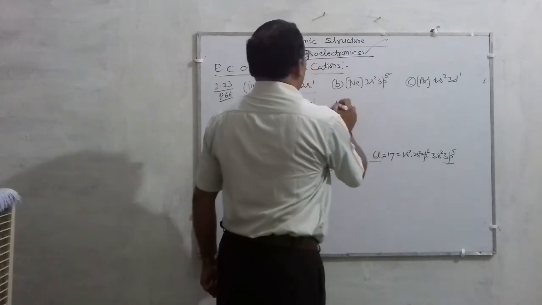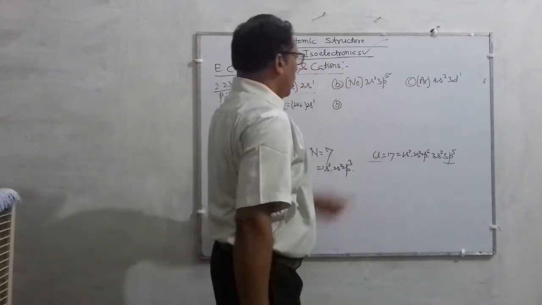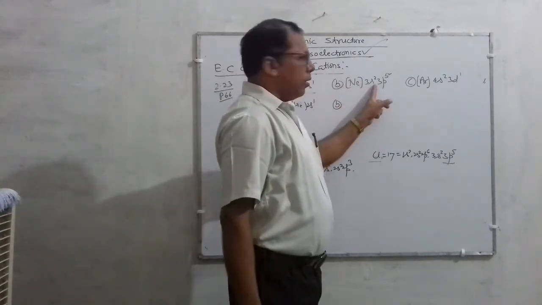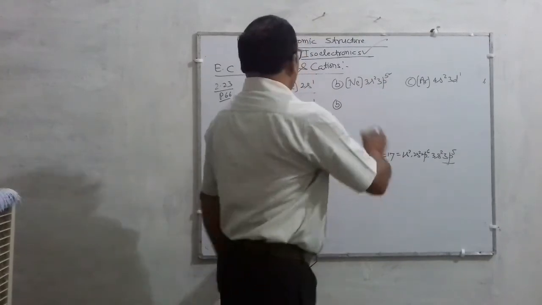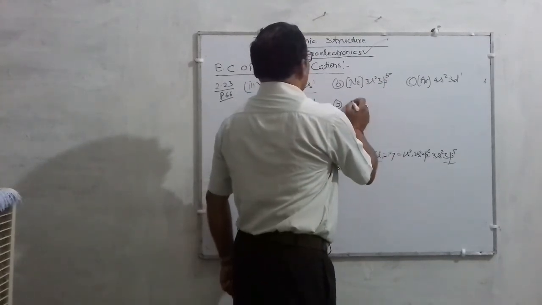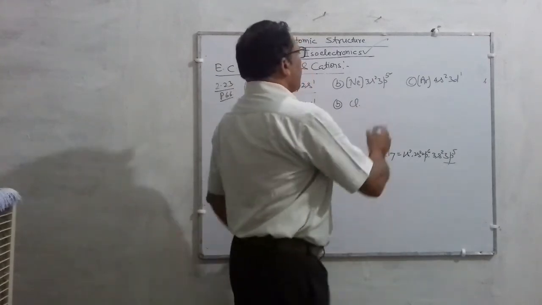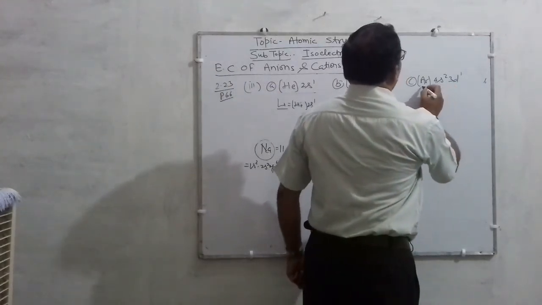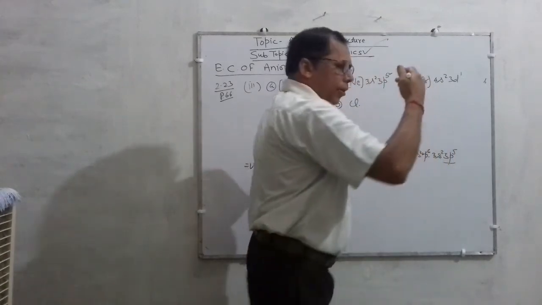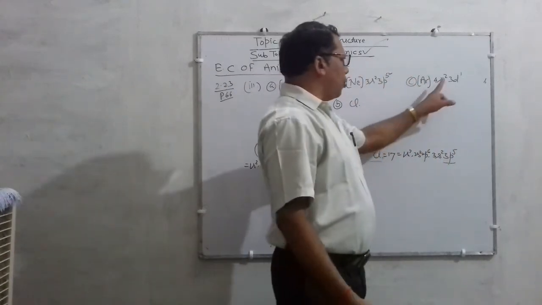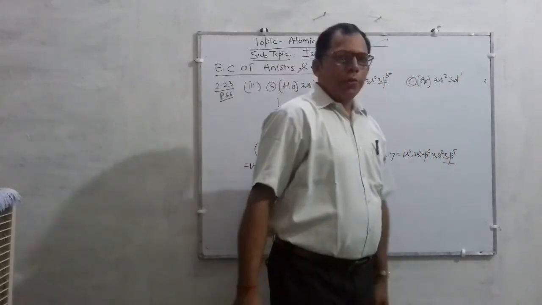Similarly B: 10 plus 2 plus 5 is 17, so no doubt this element is chlorine. And similarly argon has 18 electrons, so 18 plus 2 is 20, and 1 more is 21.